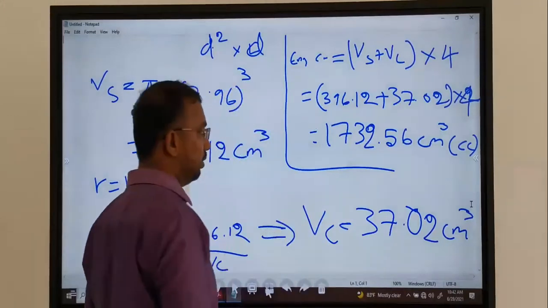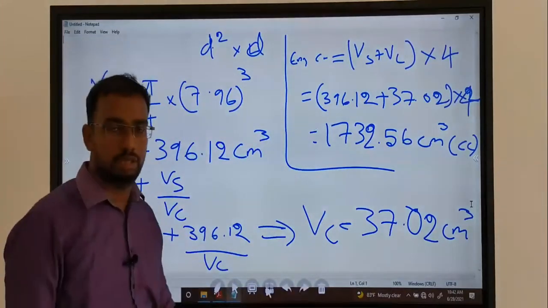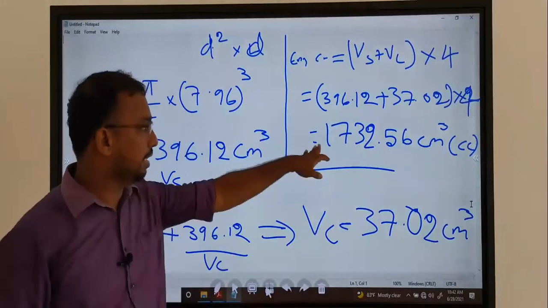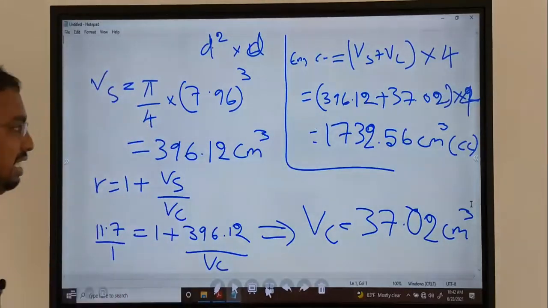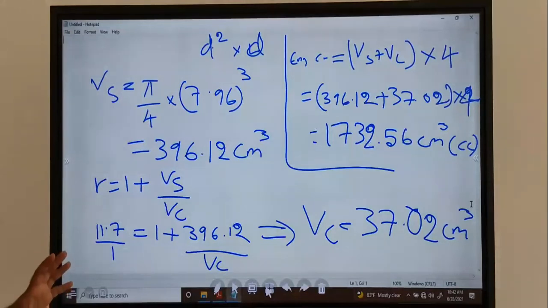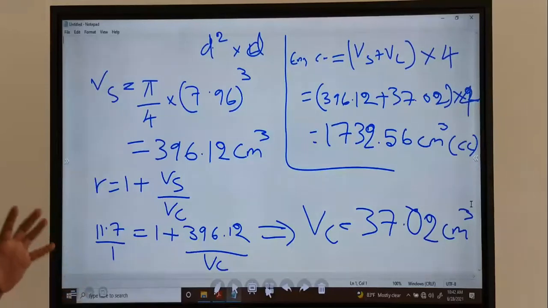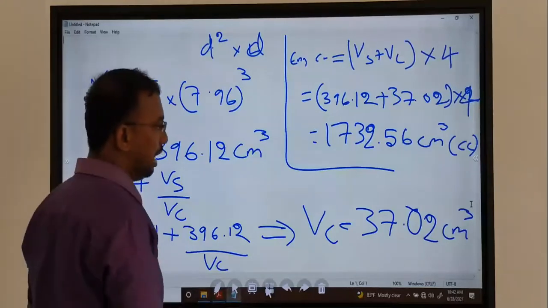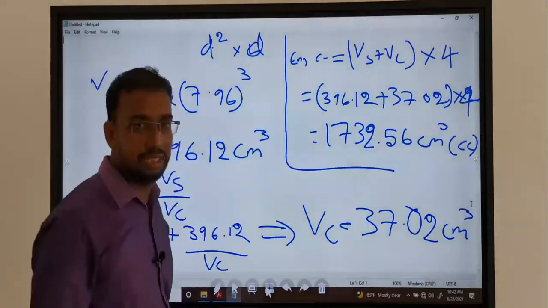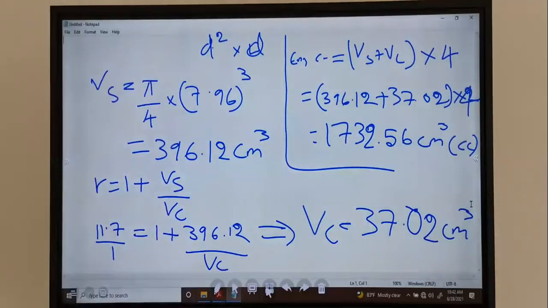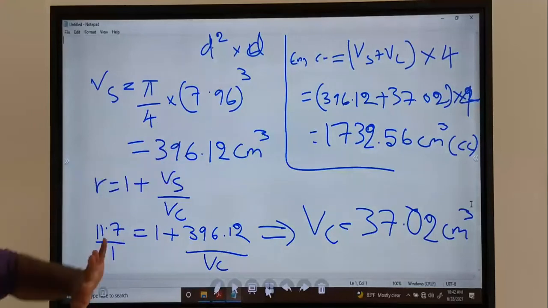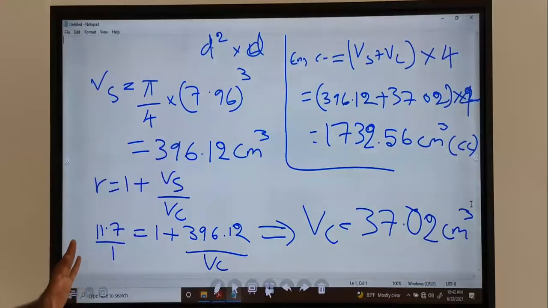1732.5. So about we can tell this engine has around 1700 cc. Normally if we call the engine 1700 cc, it is not accurately 1700.